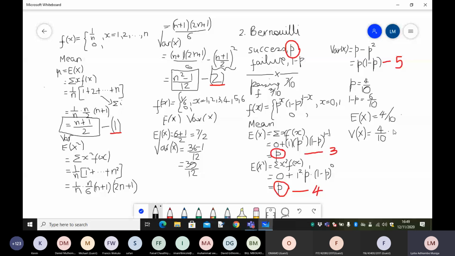So 4 over 10 multiplied by 6 over 10, and this will give us 6 over 25. So this is how we handle a situation which is modeled following the Bernoulli distribution.